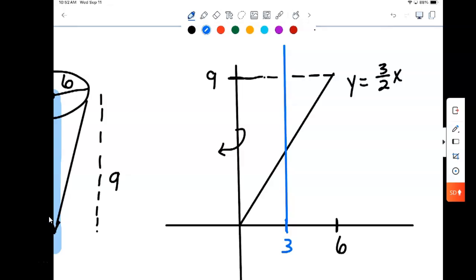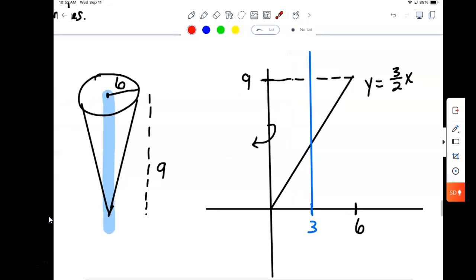Now we just need to look at what we have here. Basically, we're taking the difference. This region here is all that's going to be left, because any part of the cone where the radius is less than 3 inches is gone.